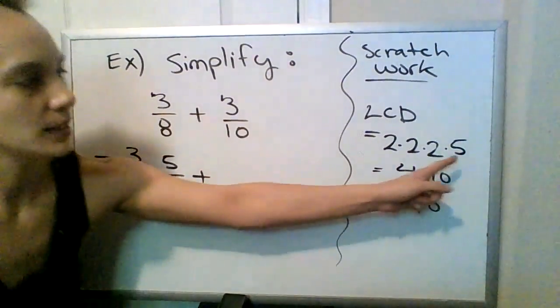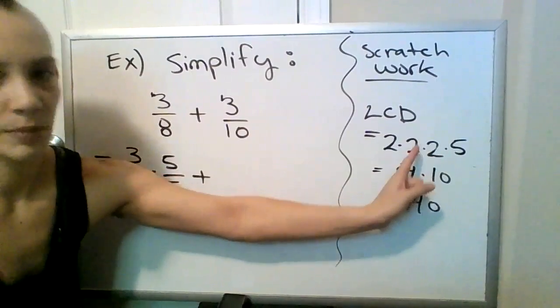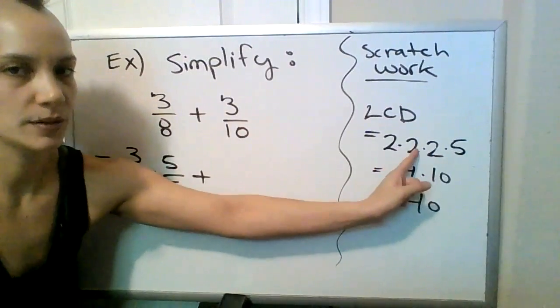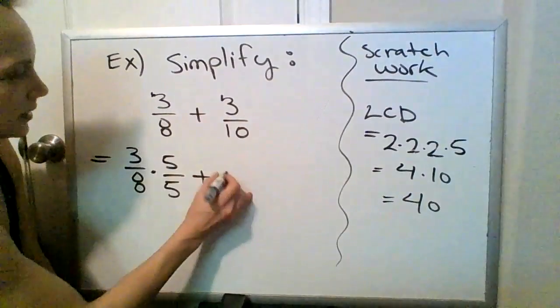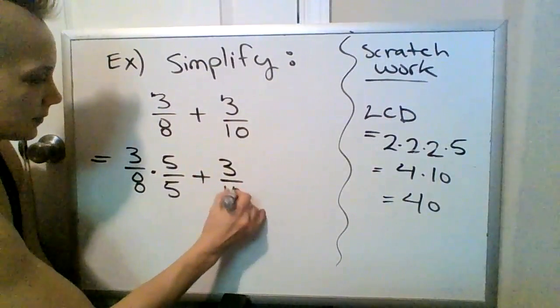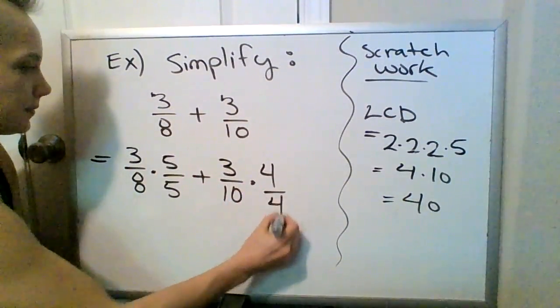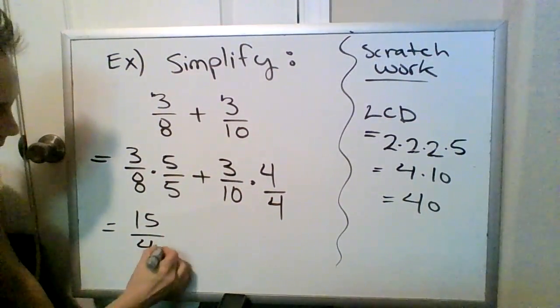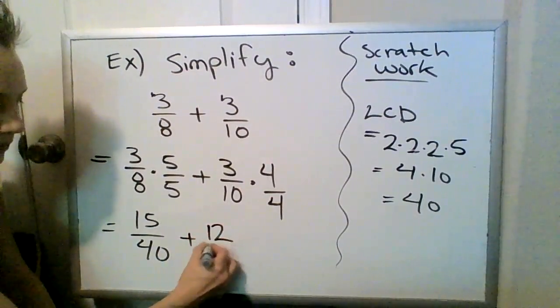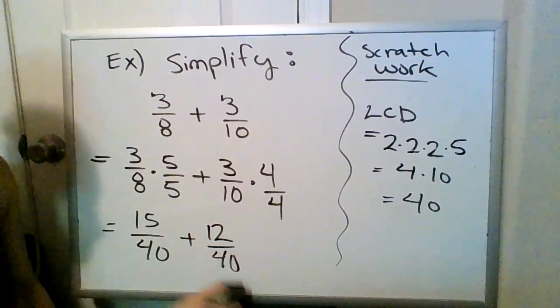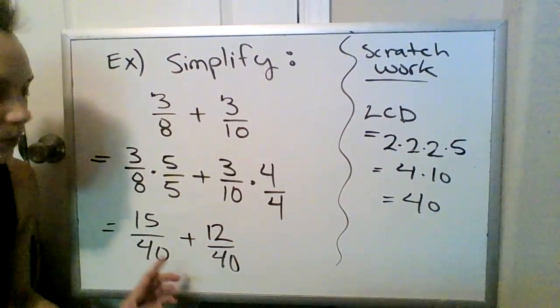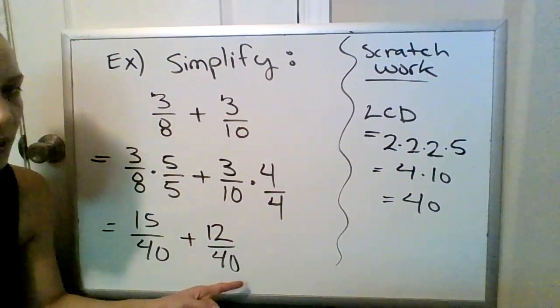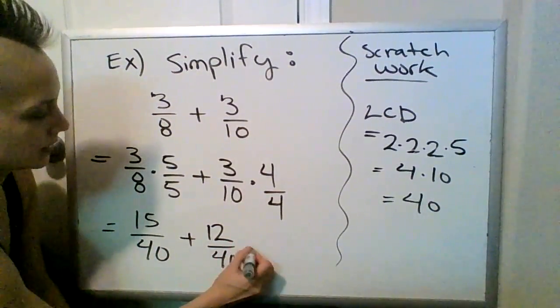And from 10, there's this 5 and 2 as a factor, but you need to multiply by this part, 4. So I have my common denominator. So add the numerators over the LCD.